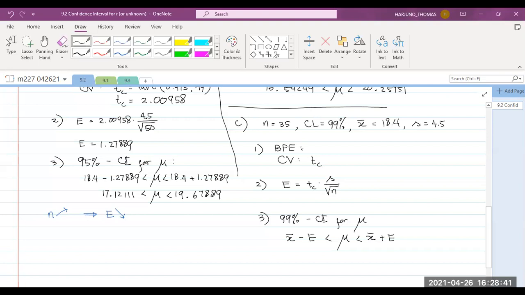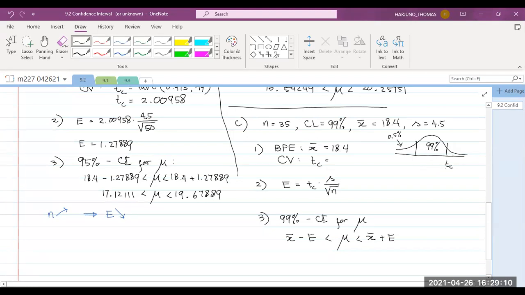So the best point estimate is X bar equals 18.4. T critical will be, confidence level is 99%, so the remaining 1% will be shared by 2 tails, 0.5%. T critical is here.